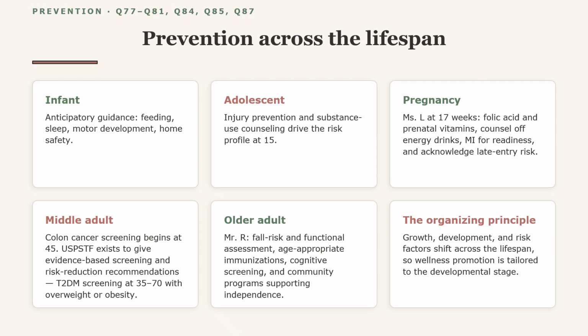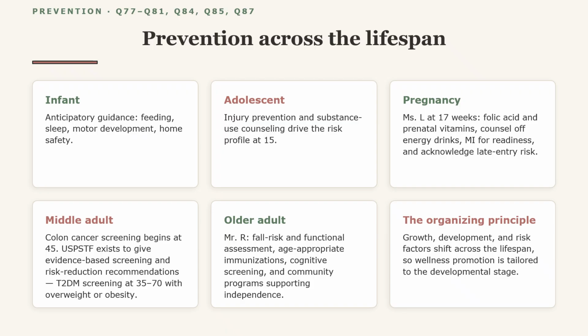This slide speaks to the prevention across the lifespan. Infants and adolescents. The biggest cause of death is accident, pregnancy, middle adult, older adult. And the organizing principle here of all of these subsets is growth, development, and risk factors, and they shift across the lifespan.